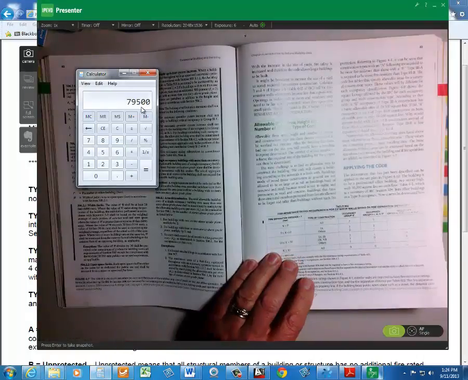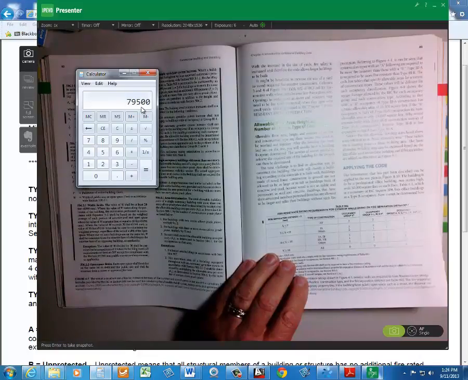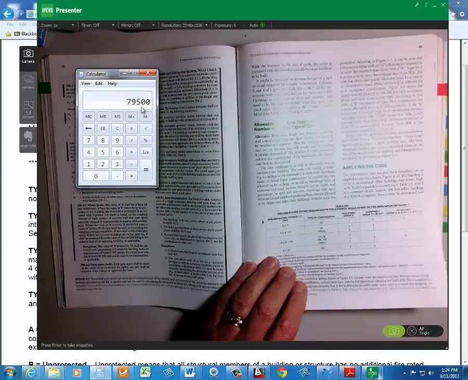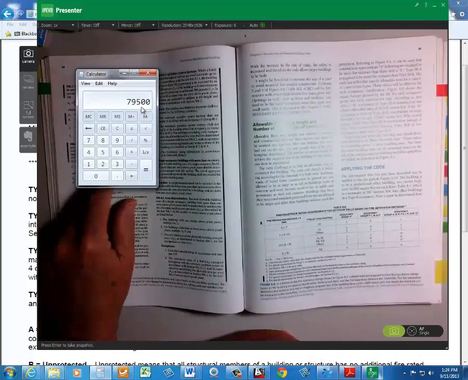So there's going to be a reduction instead of an increase. When you do this formula, you're going to end up with a reduction. The frontage increase shall be determined in accordance with the following.